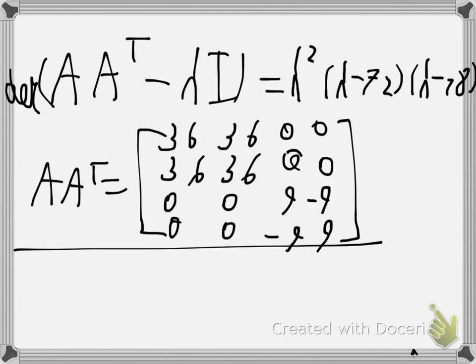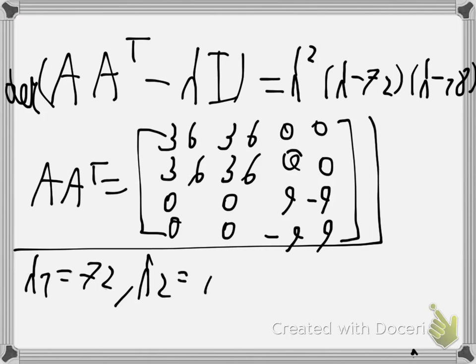And so our eigenvalues will be lambda 1 is 72, sorry, lambda 2 is 18, lambda 3 equals lambda 4, which is equal to 9.